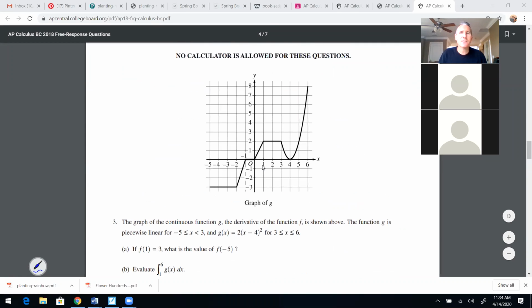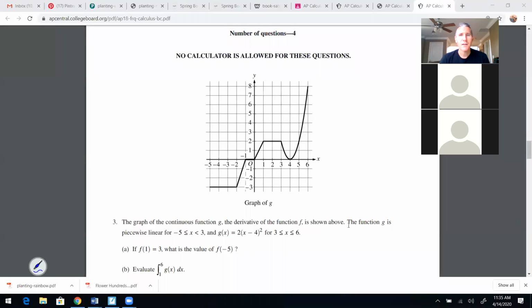What they say is everything is linear except from 3 to 6, where it's this quadratic, so the graph is parabolic. It says the graph of the continuous function G, the derivative of the function f, is shown above. So G of x is the derivative of f.